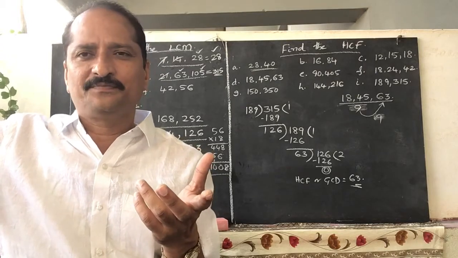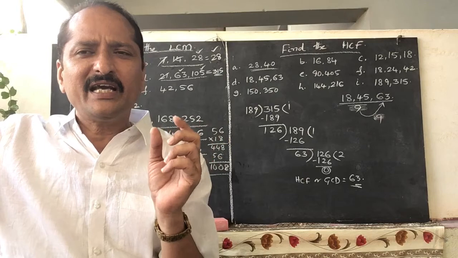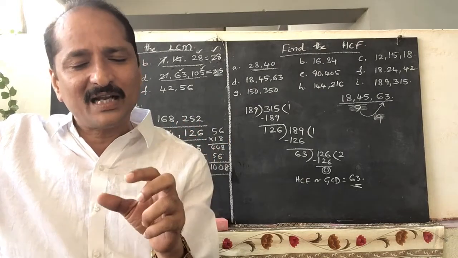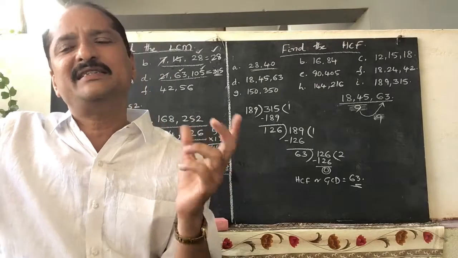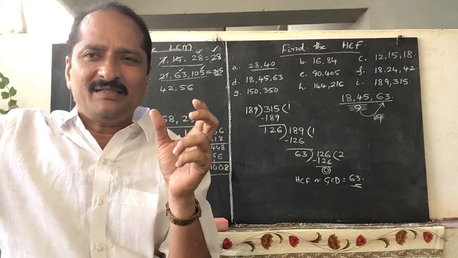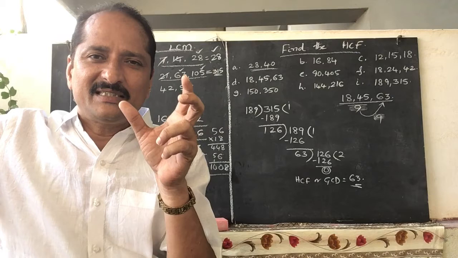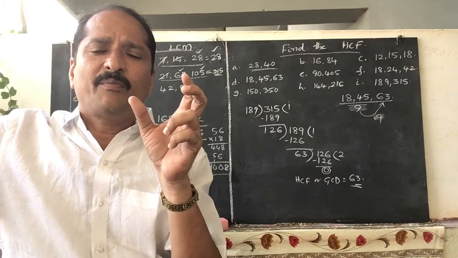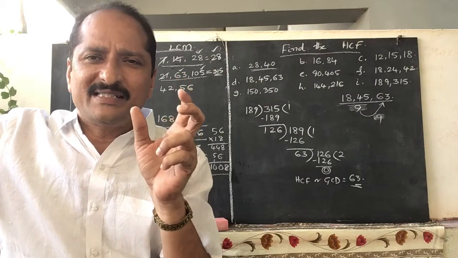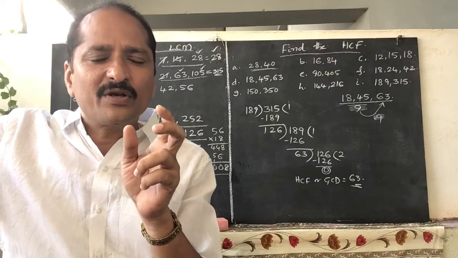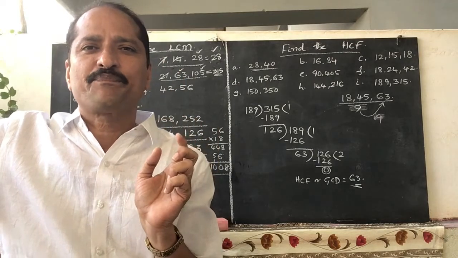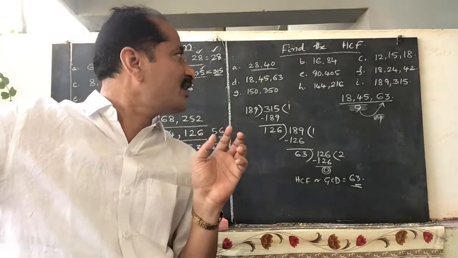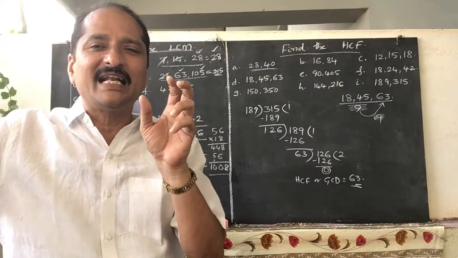Then we also find the relation between LCM and GCD. One second, we can revise here. The product of 2 numbers is equal to the product of their LCM and GCD.